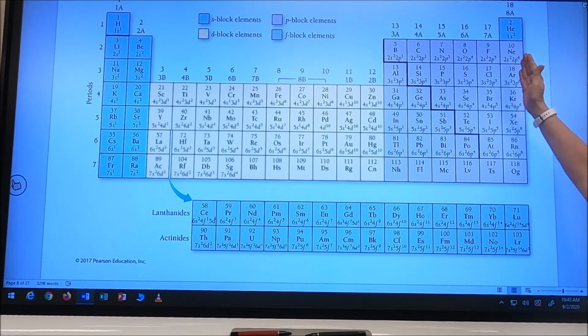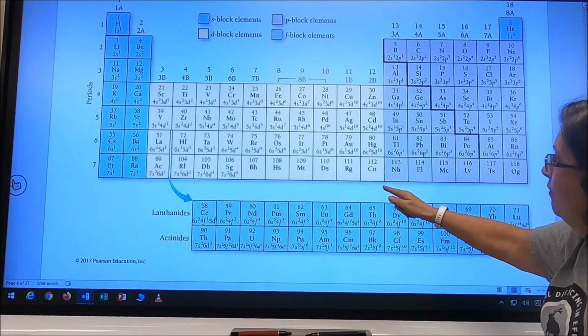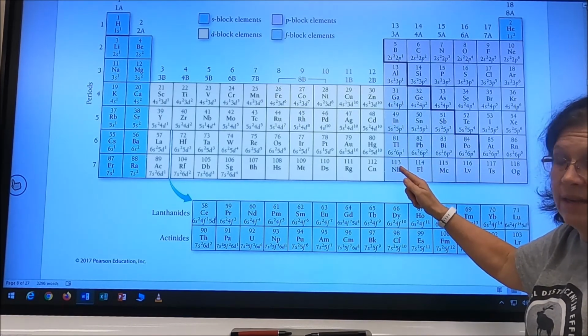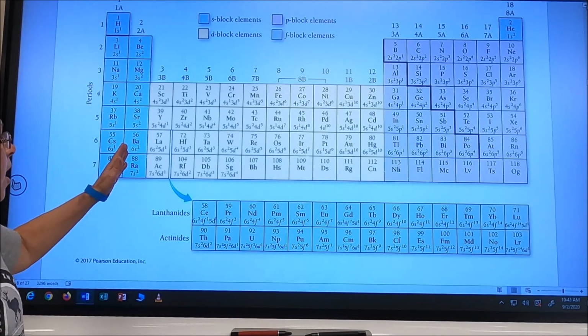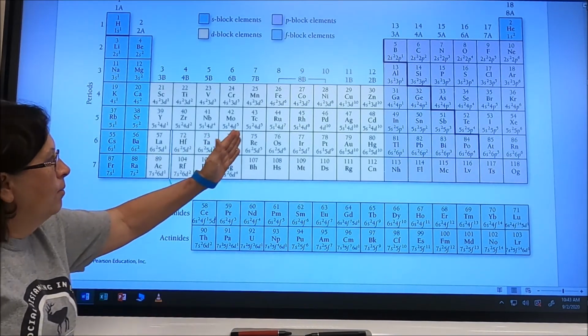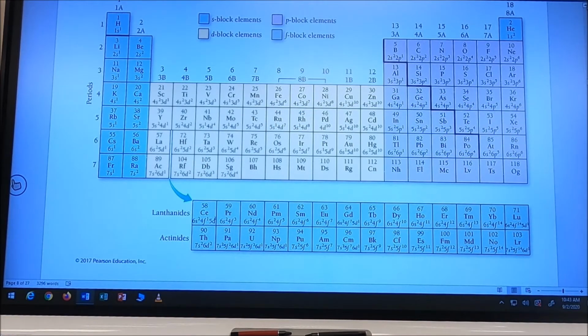They're not going to respond to an external magnetic field. As is the zinc family, which ends the D block, and the beryllium family, which ends the S block. So the last column in a block on the periodic table is going to be diamagnetic. All other elements on the periodic table are going to be paramagnetic.